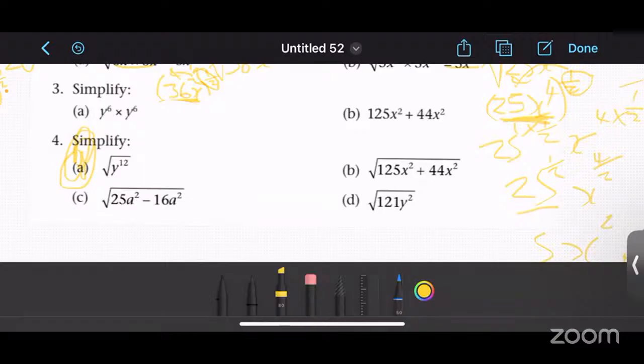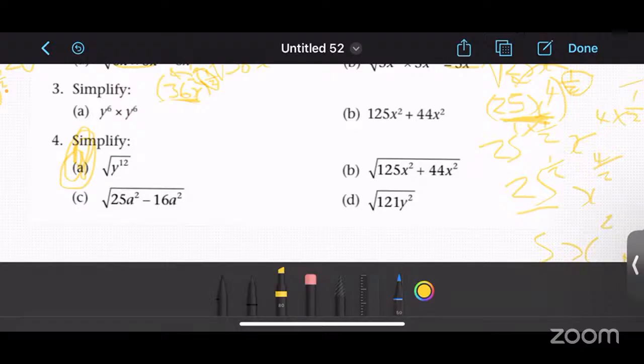Okay, so firstly, you need to get rid of the square root. So it's square root of y to the power of 12. When you get rid of the square root, you're going to put everything that's inside the square root inside the brackets. And then you power it to the power of 1 over 2, right?